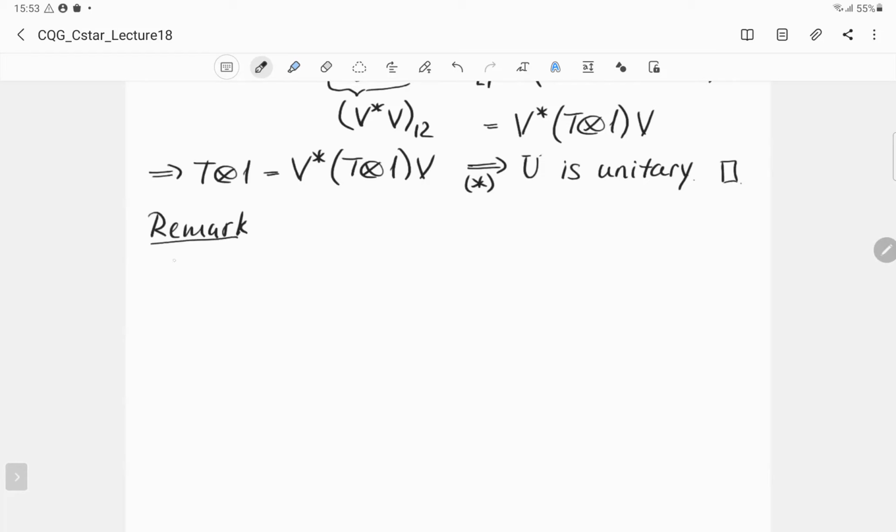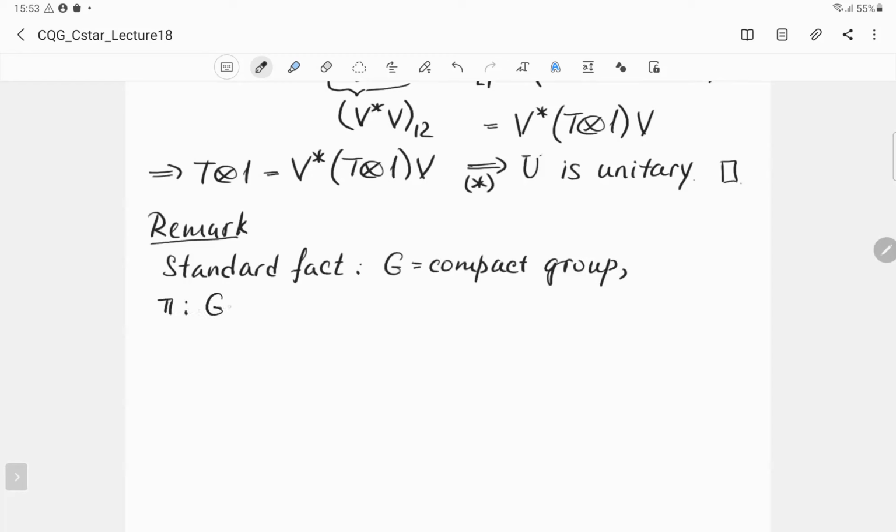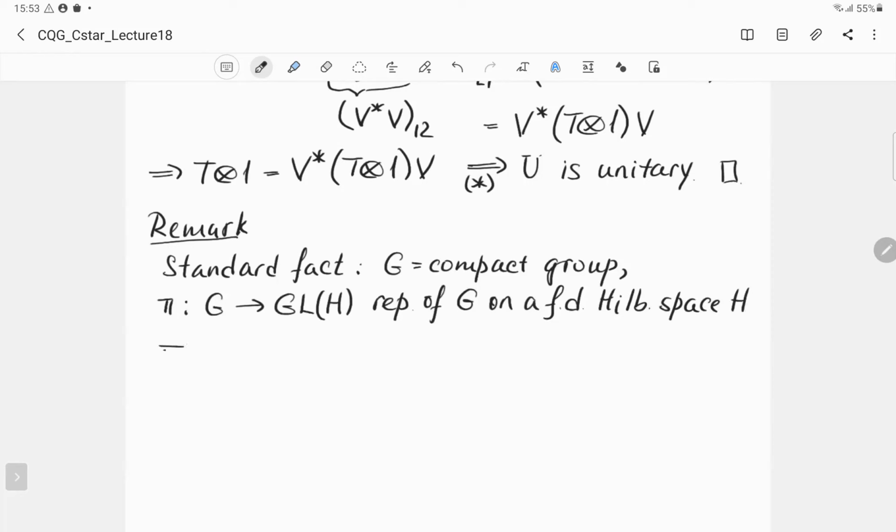Well, it's a standard fact that if G is a compact group, and pi is a finite dimensional representation of G on a finite dimensional Hilbert space H, then pi is isomorphic to a unitary representation.